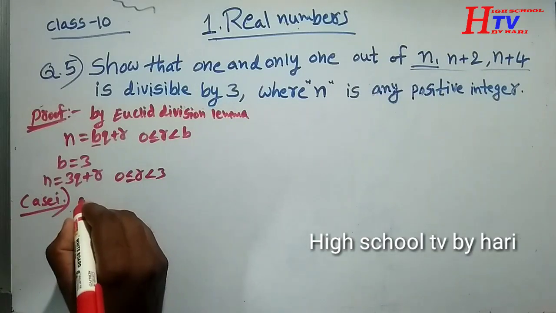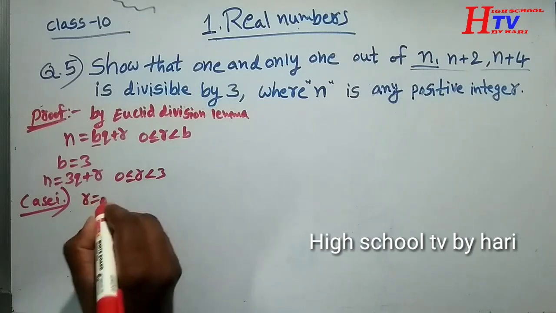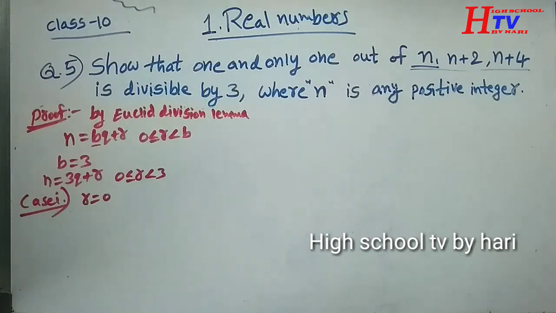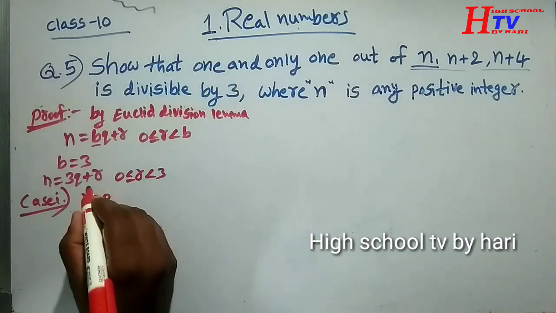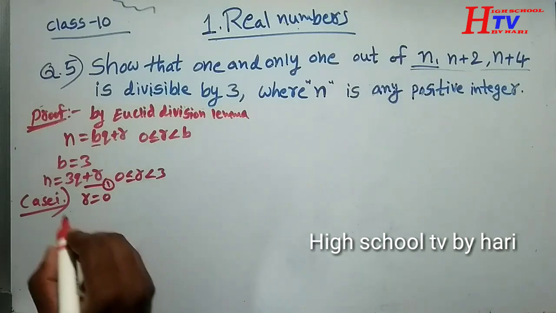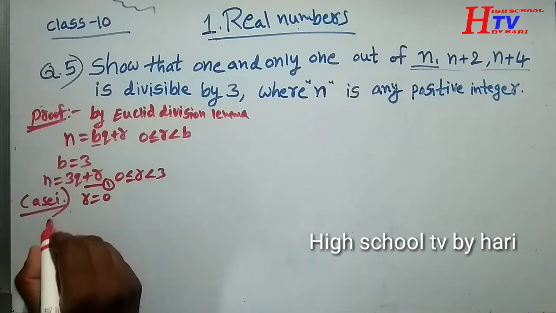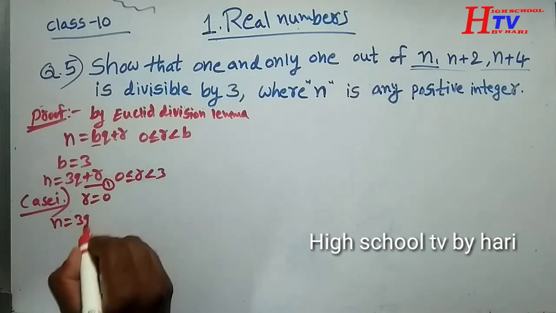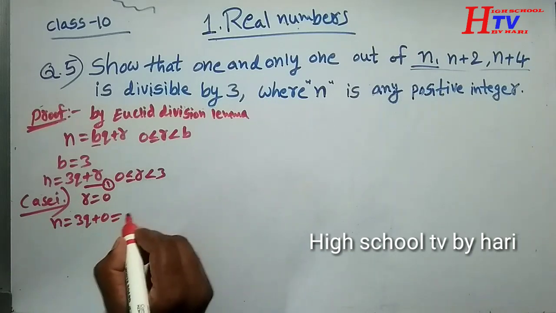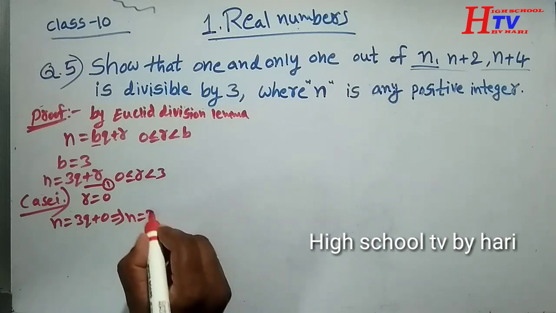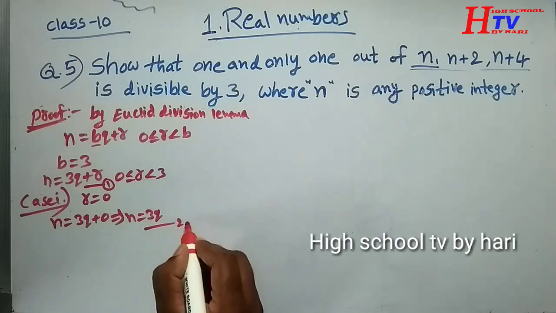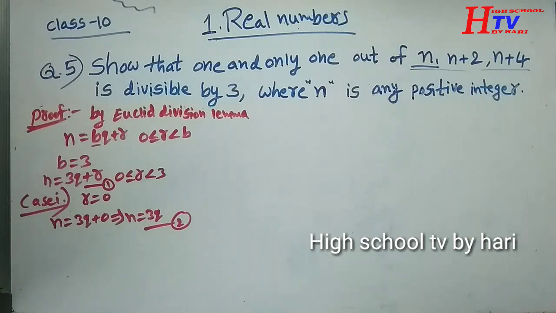Case 1, if remainder r equals 0, say it is equation number 1, substitute r equals 0 in this equation, n equals 3q plus 0, that implies n equals 3q. It is equation number 2.